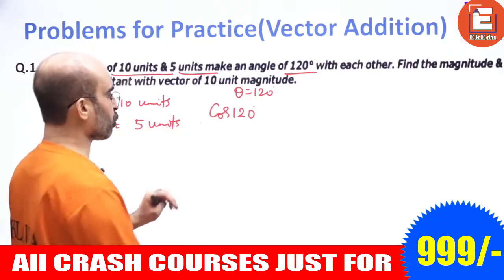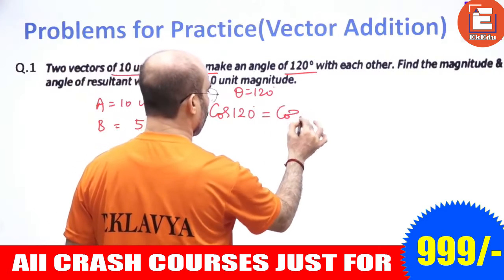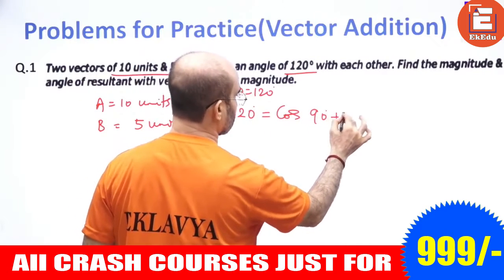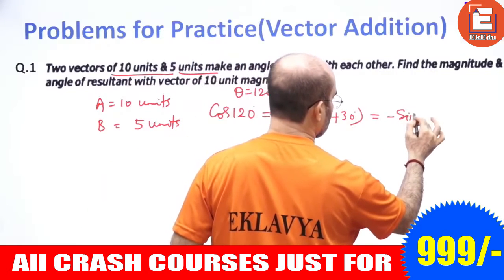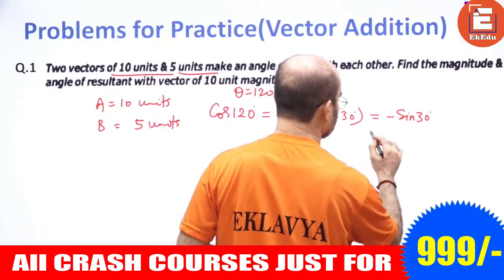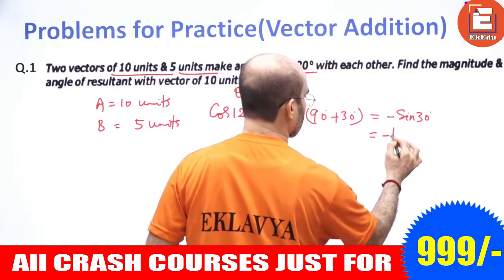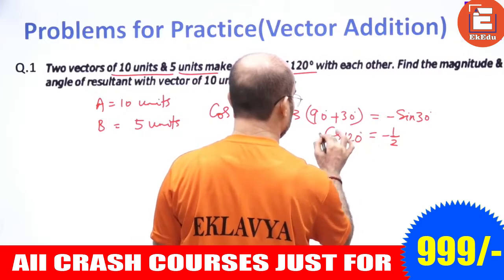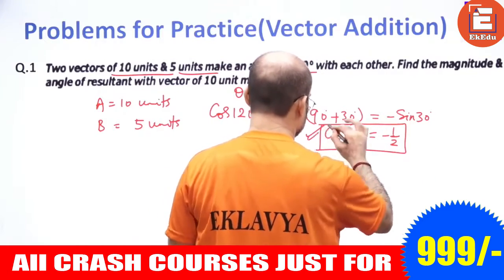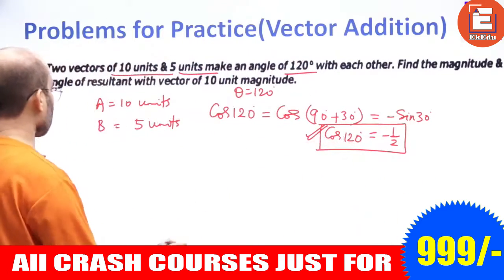Cos 120 degrees equals cos of 90 plus 30 degrees, that is minus sine 30 degrees, that is minus half. So keep this in mind: cos 120 degrees equals minus half. This we would require.